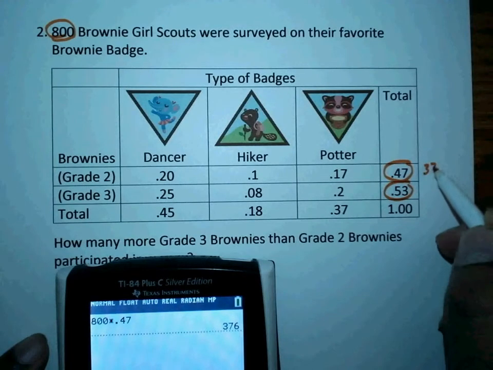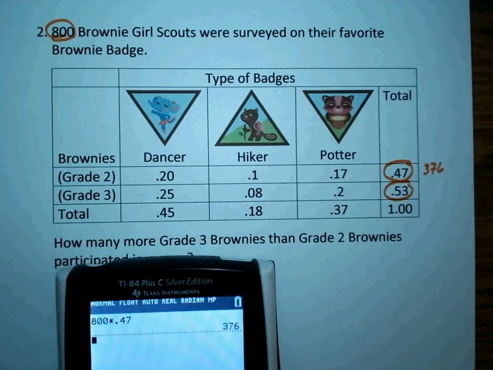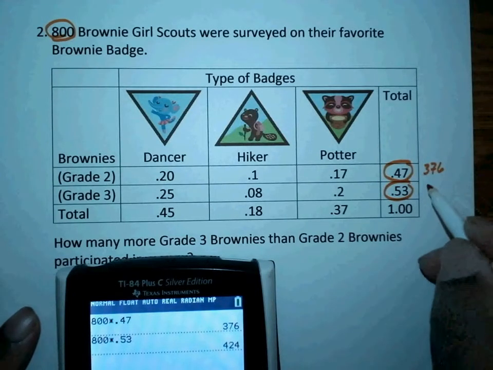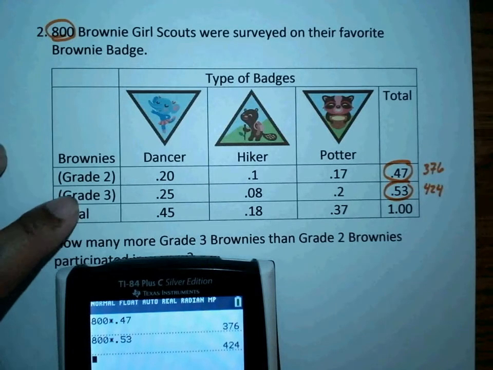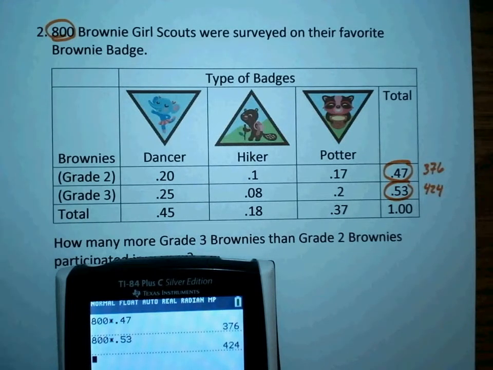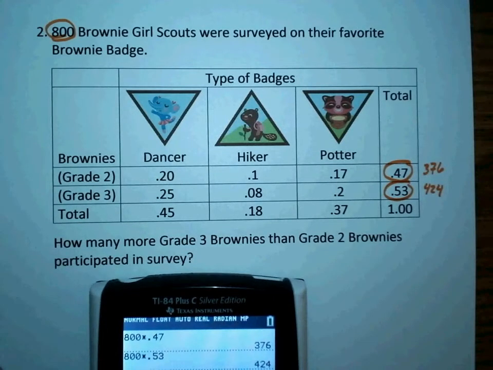And this is 376 total grade 2 brownies. And I'm going to do 800 times 0.53. And this is 424 grade 3 brownies.